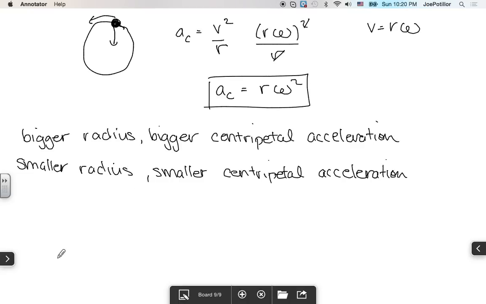In other words, and you'll learn this later, it's harder to rotate something the closer you get to the center. It becomes harder to rotate. And you'll learn more about this when we get to chapter 7. But for now, keep in mind that a smaller radius will lead to a smaller centripetal acceleration. Okay?